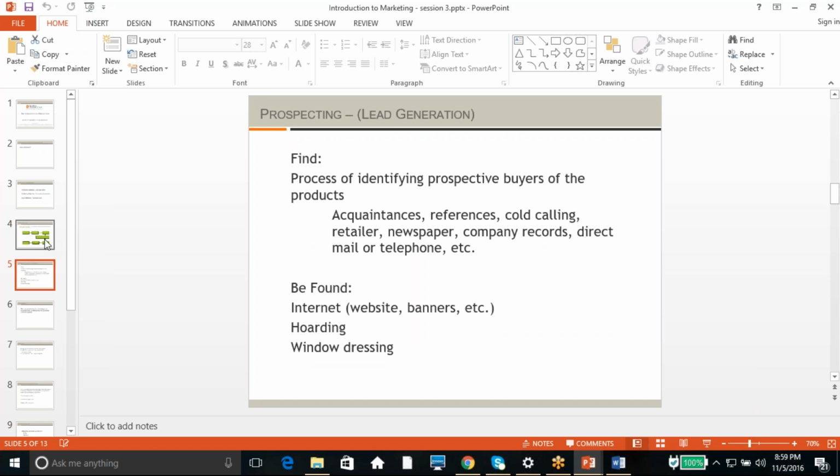But if we go into this in a little more detail, when you talk of lead generation, there are two parts. One is finding customers, and the other one, which I have tended to put there, you won't find it in the books and materials, which is being found. So you're having your website and you're putting your stuff in places that people will tend to see it and therefore will find you.